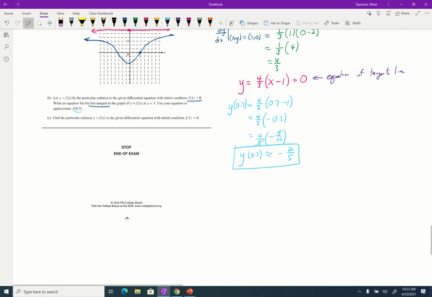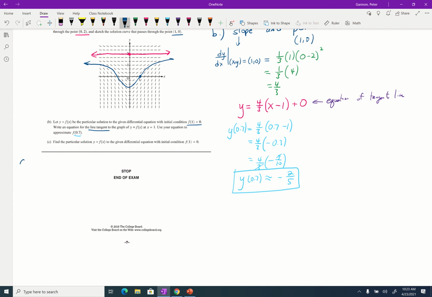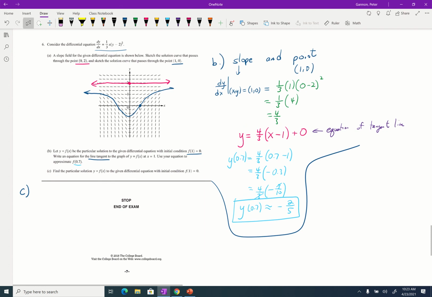All right, now the last part of this is for us to find the particular solution to y equals f of x to the given differential equation with the initial condition. So we need to solve in part C this differential equation. So dy/dx is 1/3 of x times (y minus 2) quantity squared.